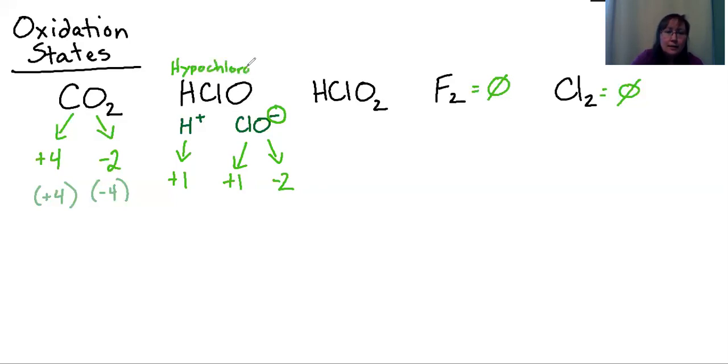So this was our hypochlorous acid, because ClO- is the hypochlorite ion. Now HClO2, that's H+ and ClO2-, and ClO2- is the chlorite ion, not hypochlorite, but chlorite, which means that this becomes chlorous acid.